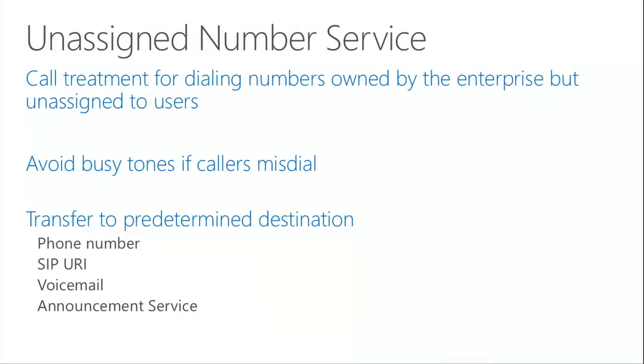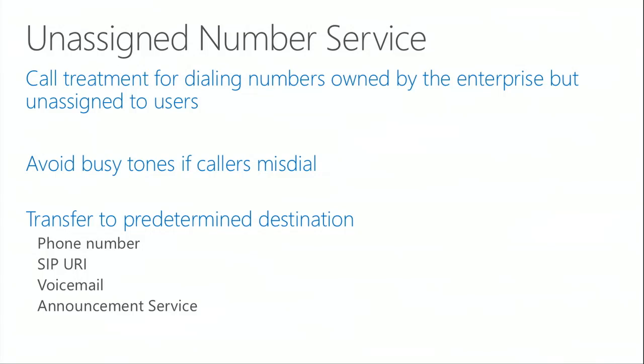Okay, the next service I want to talk about is the unassigned number service. This is really what happens for calls that are coming into numbers that are owned by the enterprise but aren't necessarily assigned to users right now, right? If we don't have a service available here, then people are just going to get a fast busy because the number doesn't route to anybody. In a lot of cases, that's a bad experience that companies want to avoid.